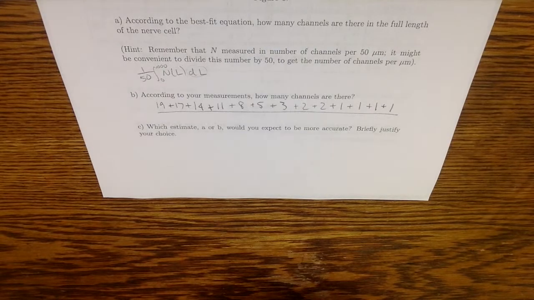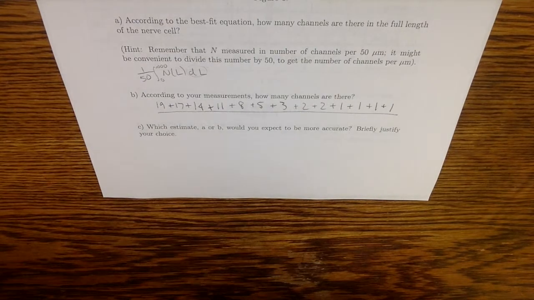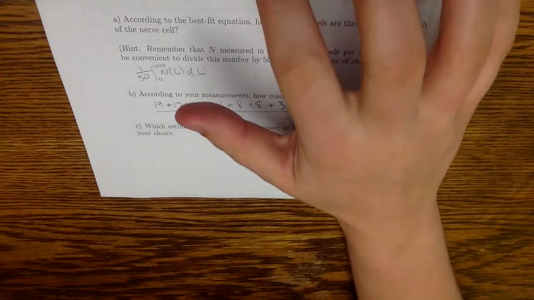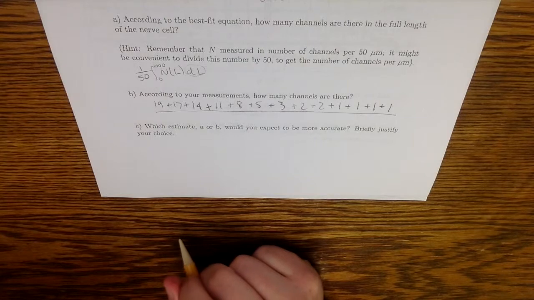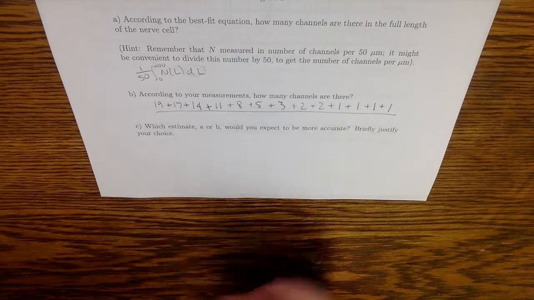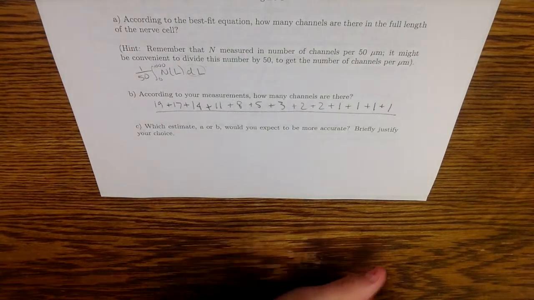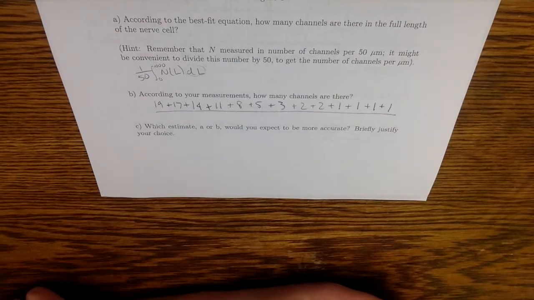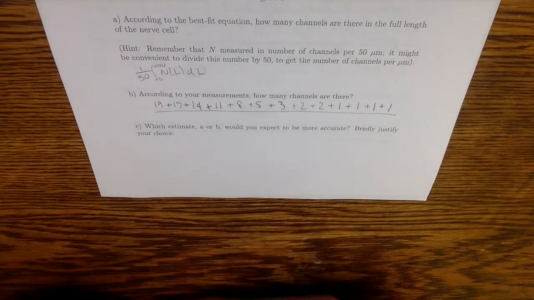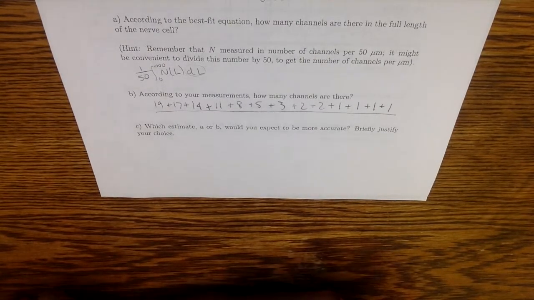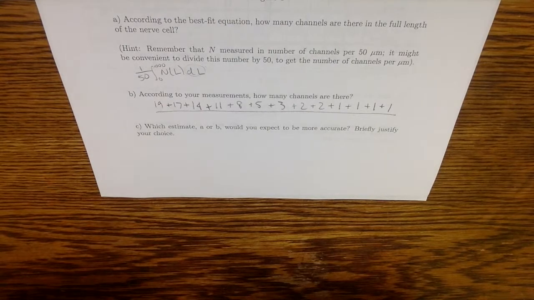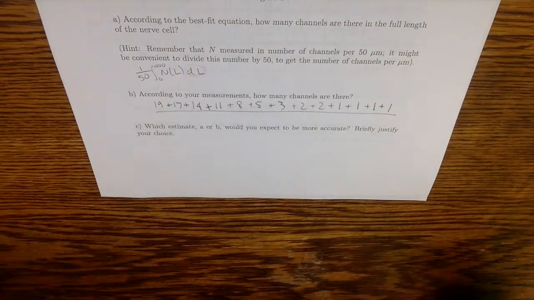Now it asks, which estimate, A or B, would you expect to be more accurate? Briefly justify your choice. This one really depends on what you think. I don't think that there's a correct answer in this case. Maybe there is if you know how this stuff works, but clearly we've counted the number of channels per pixel, but we didn't count them exactly. In the description of the experiment, they say that they measure the light coming out of the pixel in order to measure how many channels are there.